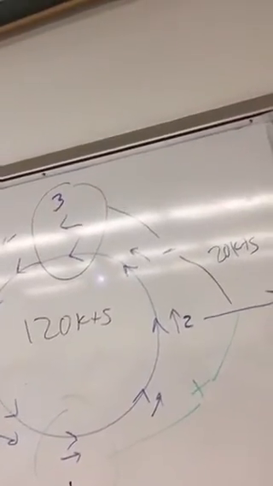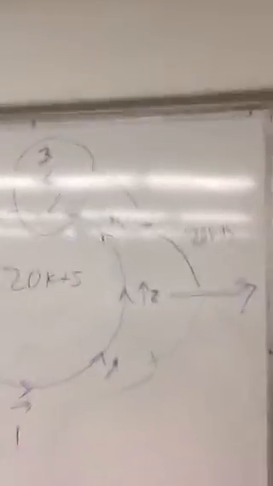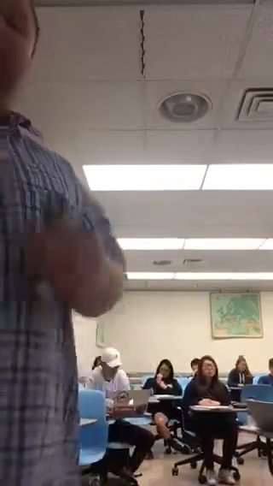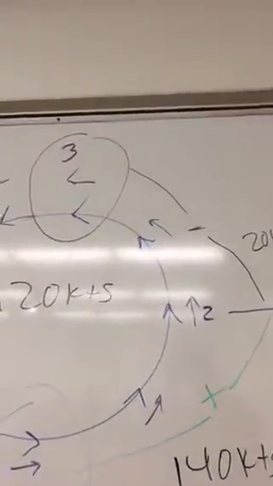You would add the wind to the forward motion. So you would add that 120 to the 20, and so your total wind speed there would be 140 knots.